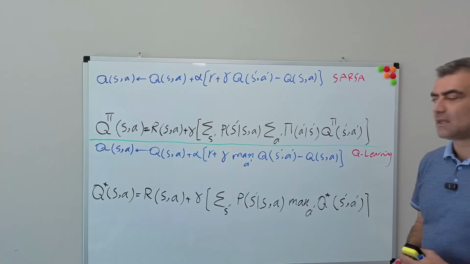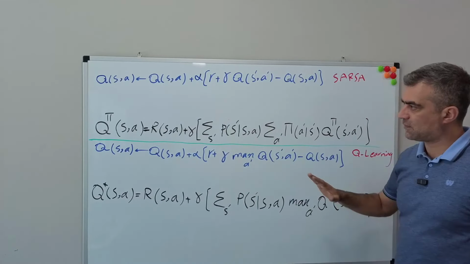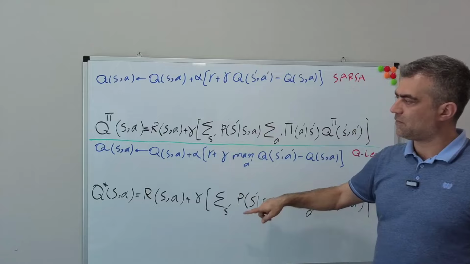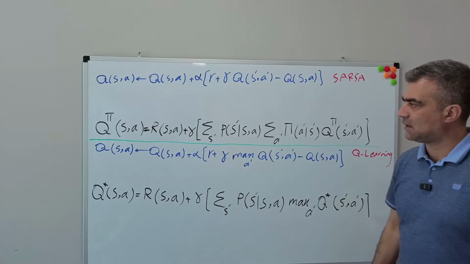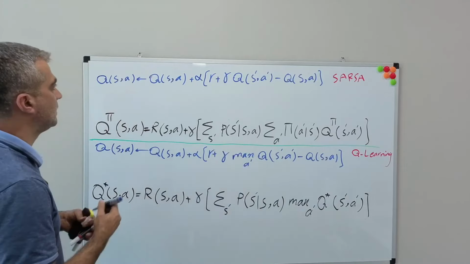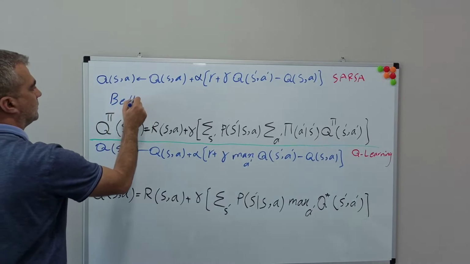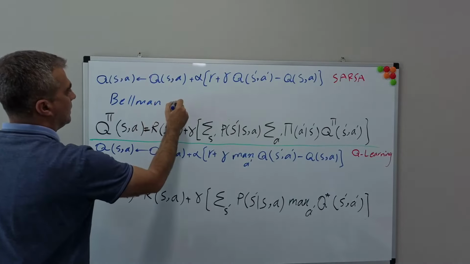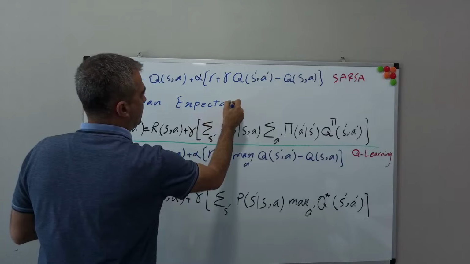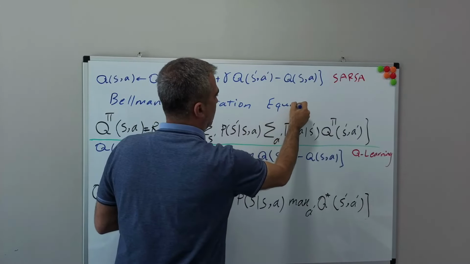So now we have SARSA, we have Q-learning, and two equations from which SARSA and Q-learning come. One of them is called the Bellman expectation equation.